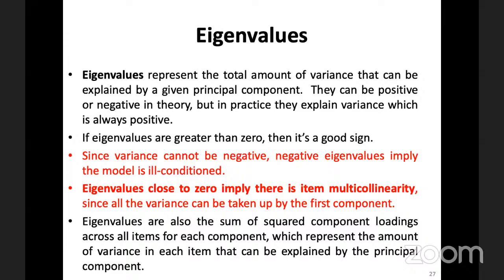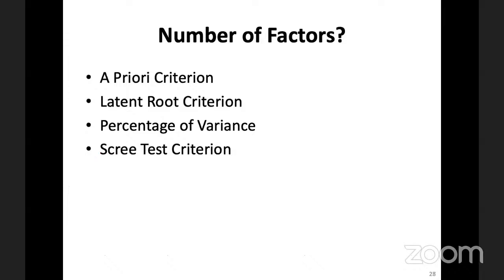And if eigenvalues are close to 0, that means multicollinearity is there, and we'll see with the analysis how this multicollinearity is there, or how eigenvalues are calculated.